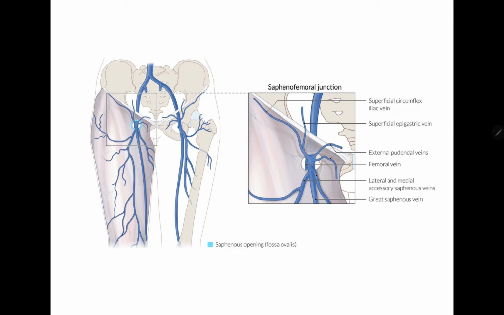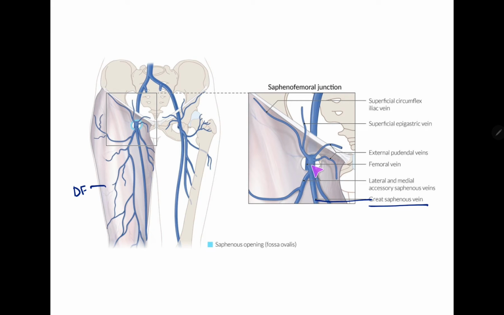So in this diagram you can appreciate the fossa ovalis again. This purplish tinged structure is the fascia lata or the deep fascia of leg. This is the saphenous opening. Deep to it is the femoral vein. So in this diagram again you can see this is the Great Saphenous Vein which is entering.